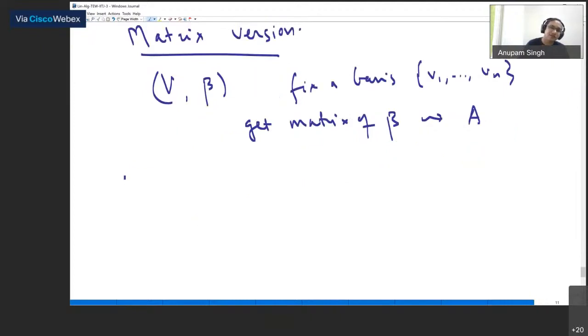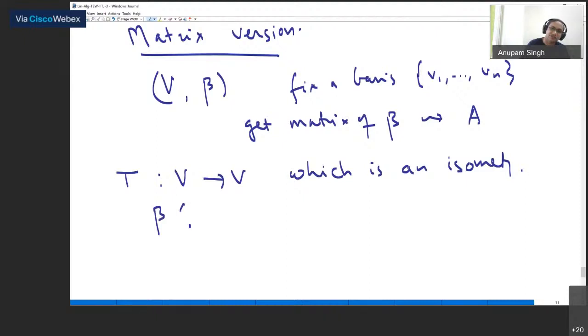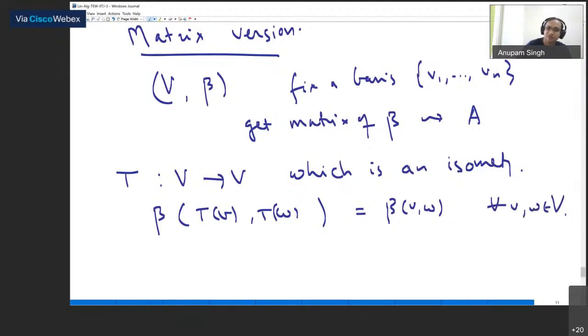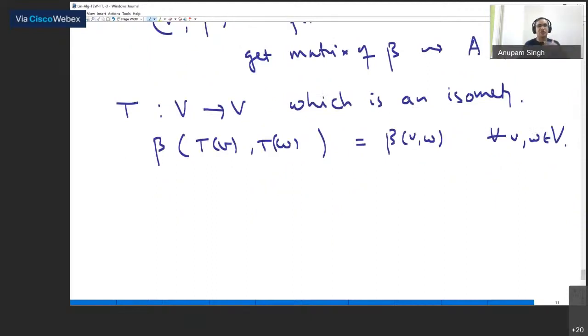Now, suppose I have T from V to V, which is an isometry. So you know that an isometry has to satisfy this condition, which is what is called T preserves beta. So beta of TV, TW has to be beta of V, W for all V, W in V. So this condition will translate into a matrix version, and that is what we want to write.